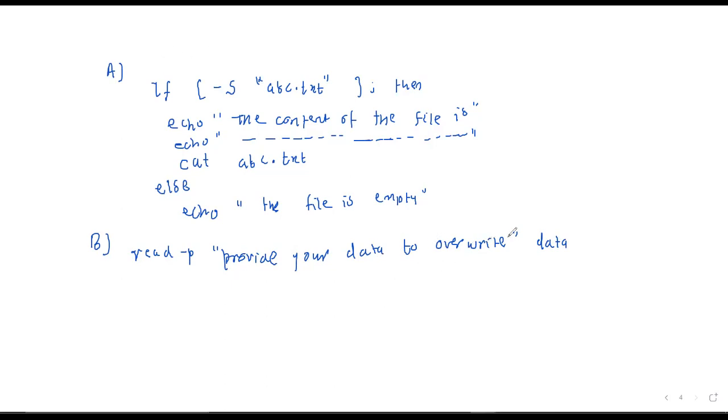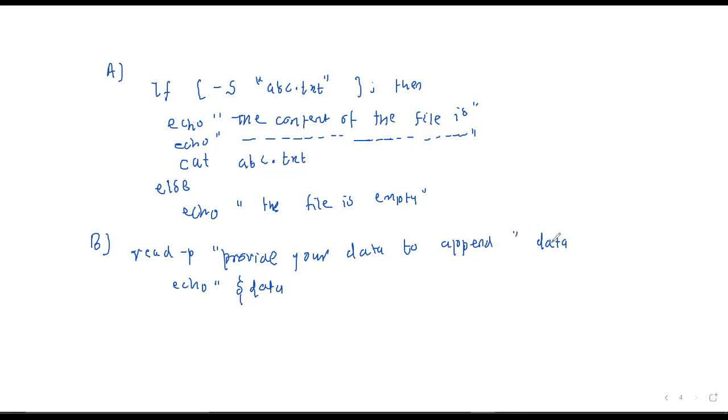For the B option, we have to append the text. So we write append, provide your data to append. So we define data here. Then we write echo this data. What is the benefit of defining a variable here?